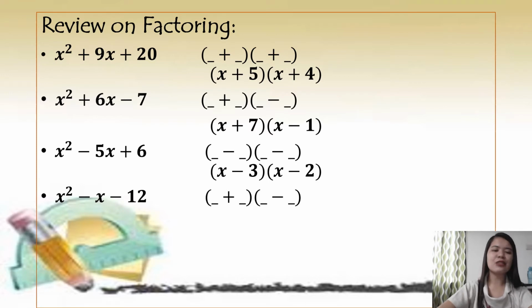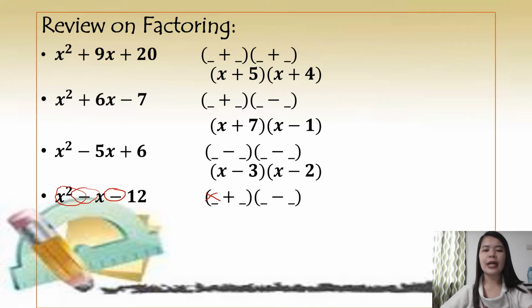Now, for the last one, we have x squared minus x minus 12. So let's observe the sign, both negative. When both are negative, the signs in our binomials will be positive and negative. Positive, negative. Now, let's proceed to the factors of x squared. The factors of x squared are x and x.